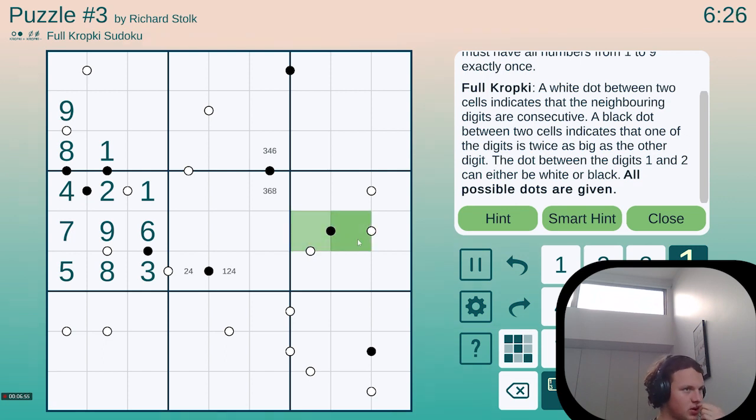Well, this can't be an 8, because then it can't be consecutive to anything. Which means, can this be a 4, 2? Yes, it can be.